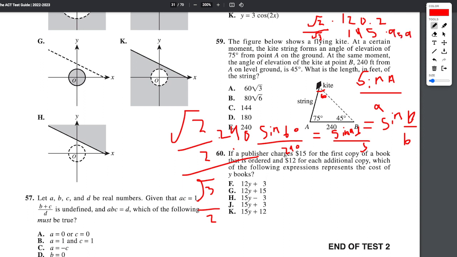This is the same thing as, it's not 60 root 3. 60 root 3 is too small. It's 80 root 6. 80 root 6. 59 is B.